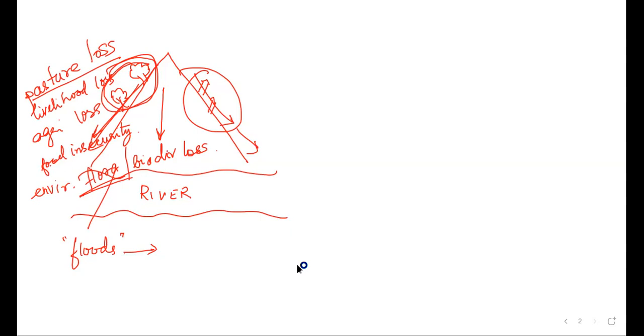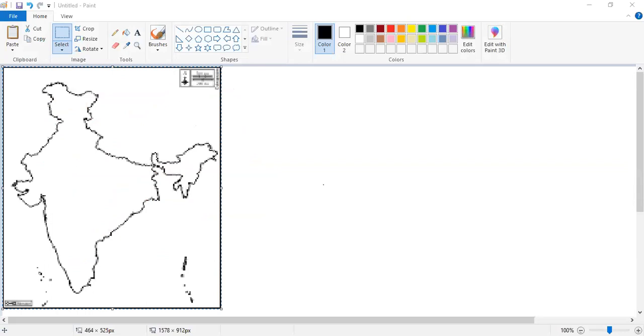One second. Can you see this India map? Yes, ma'am. Now let's draw this. Now let's draw a quick map. We'll draw. Okay. So, brush.